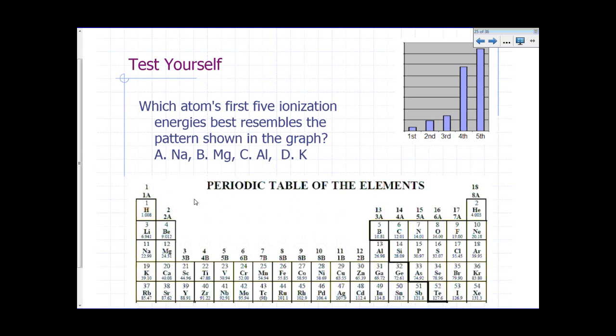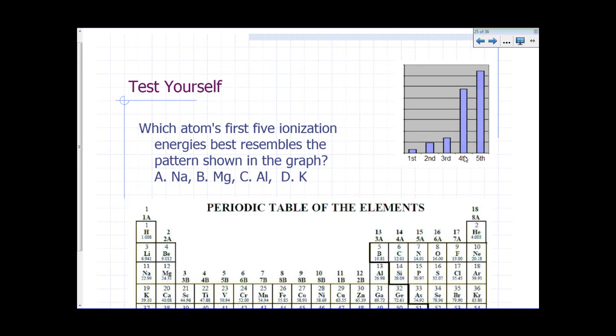Let's look at this question right here. Which atom's first 5 ionization energies best resemble the pattern shown in this graph? There's the first, second, third ionization energy, fourth, and fifth. After the first 3, you can see a drastic jump in the ionization energy, right? That means there must be 3 electrons in the outermost shell that are relatively easier to remove than the rest.